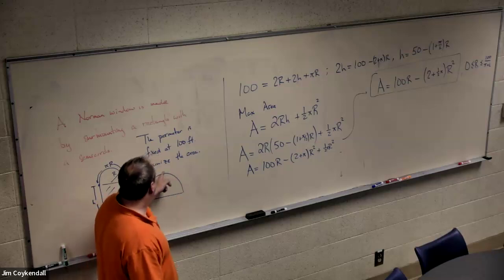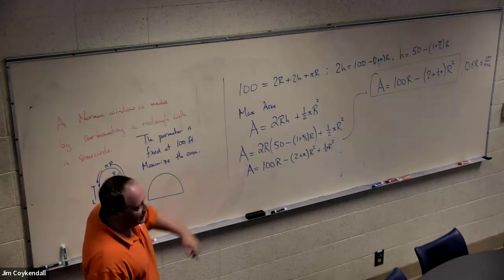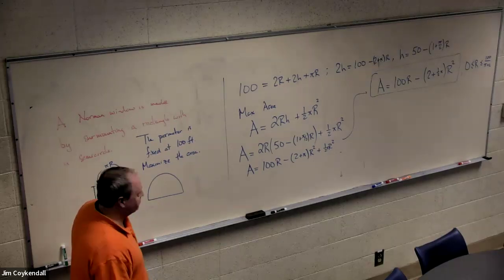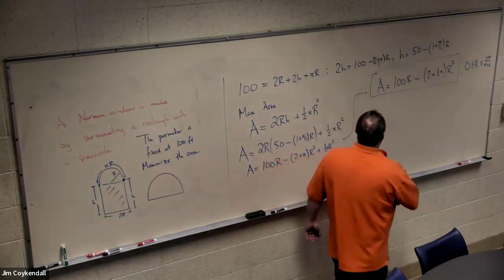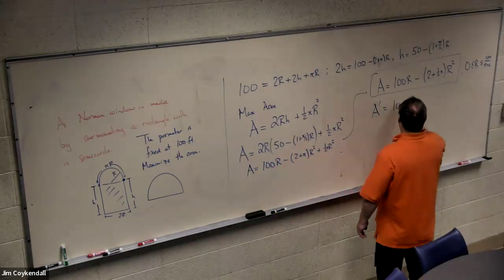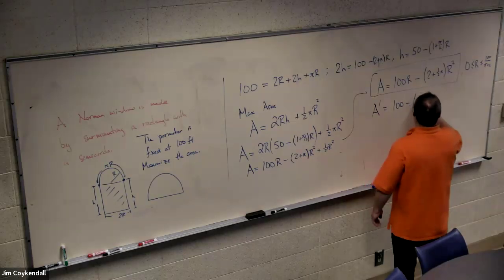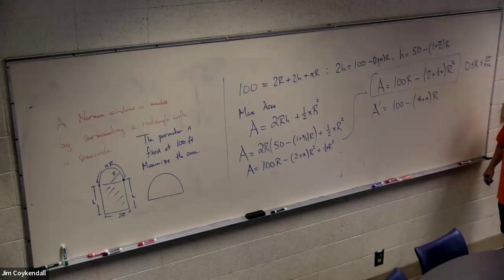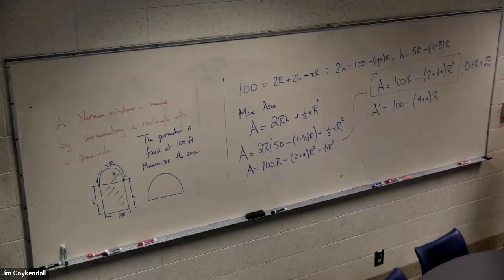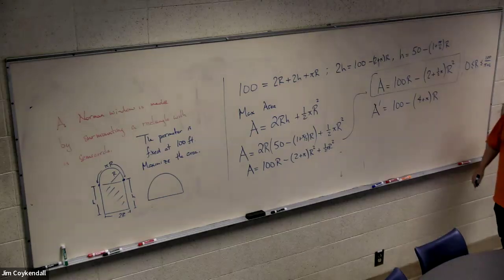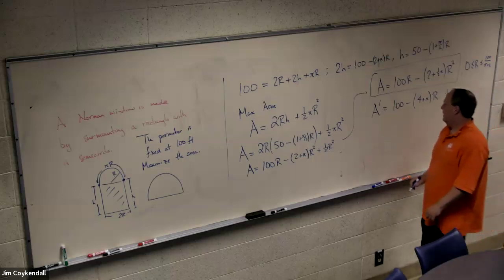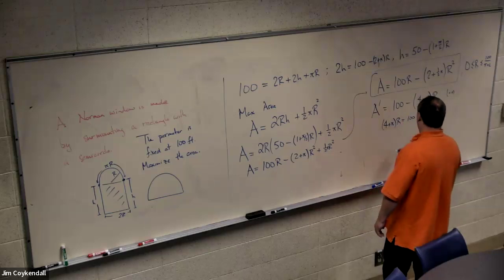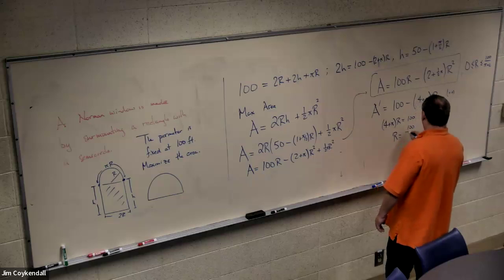It goes across 2R and then pi R, and that's where the 2 plus pi in the denominator comes from. Now I just take the derivative: 100 minus (4 plus pi) R. Let's set this equal to 0. I get R equals 100 over 4 plus pi.